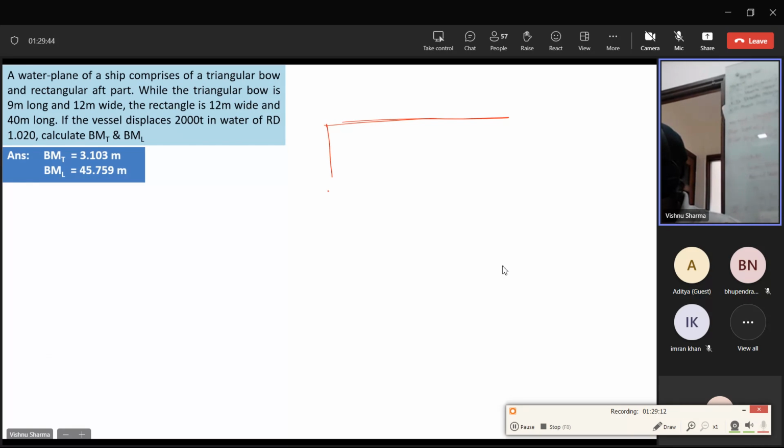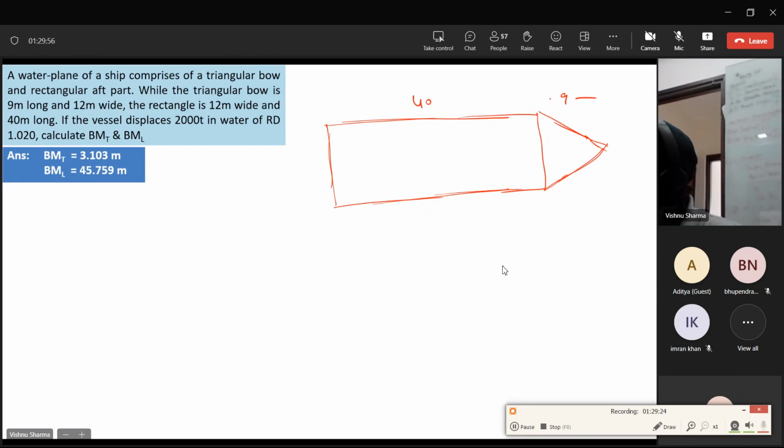It was not required in the previous case because we knew that the water plane area was symmetrical about the center line, so we could get away without calculations. But in this case, you cannot get away without calculations. So we'll have to find LCF. If this is the after perpendicular of the barge, we have two areas.